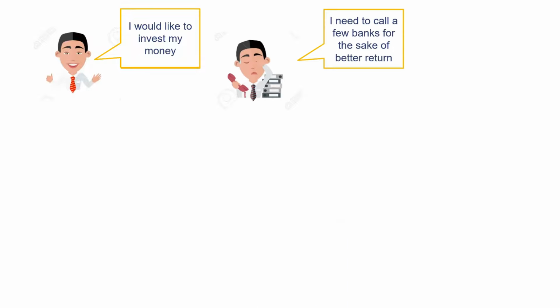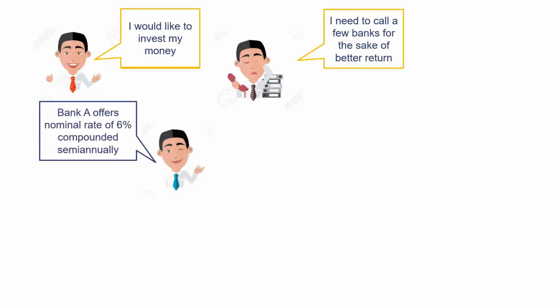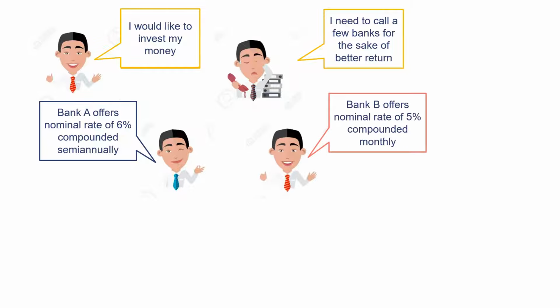For the first bank, Bank A, it offers him a nominal rate of 6% compounded semi-annually. And then he called another bank, Bank B, which offers him a nominal rate of 5% compounded monthly. So here, as you can see, there is a difference of compounding period and plan between these two banks.